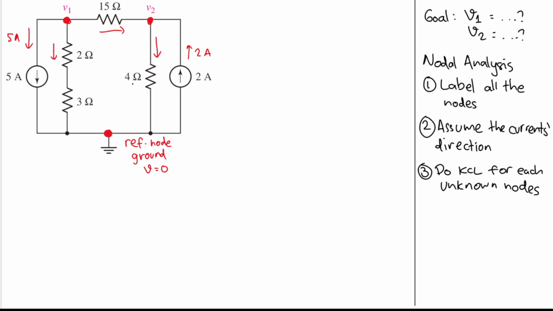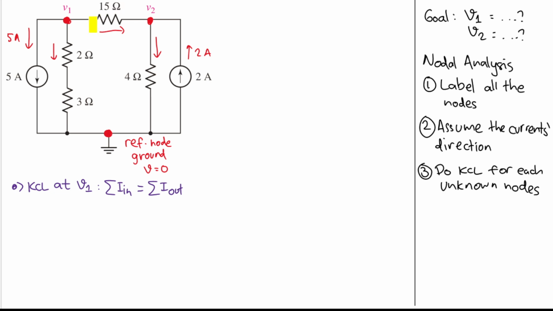Let's do exactly that, and let's start looking at V1. So we need to do KCL at V1. What does KCL say? KCL says that the sum of the current that goes in will equal the sum of the current that goes out. Okay, let's see here on V1. What current do we have?